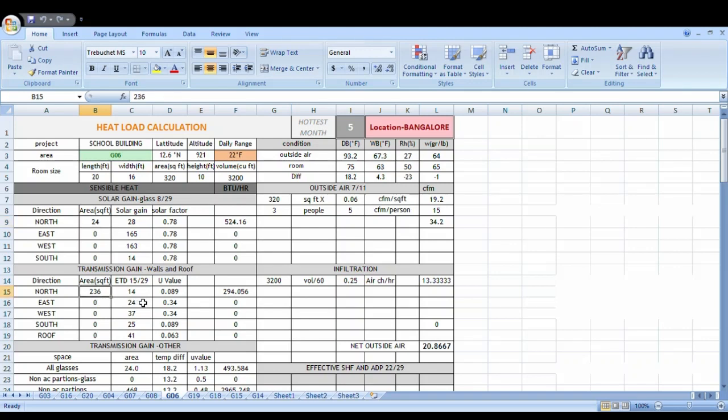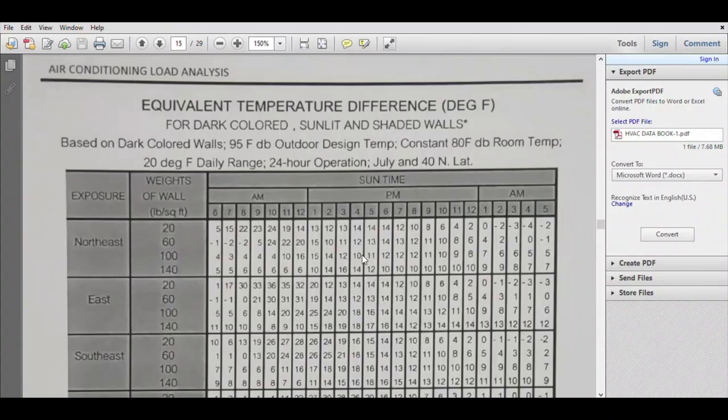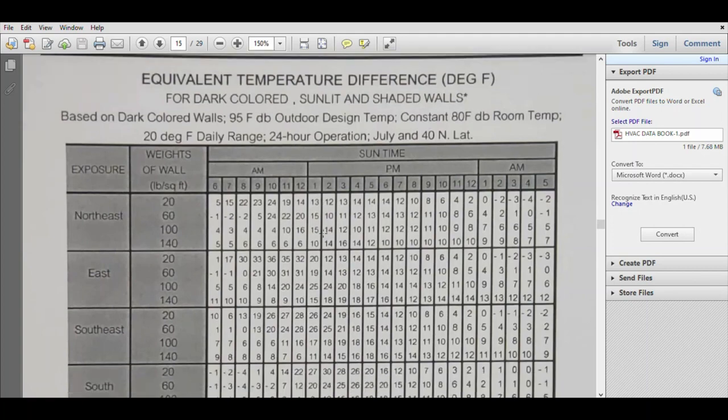Now I will show how to take the equivalent temperature difference value from the design data book. This is the equivalent temperature difference.